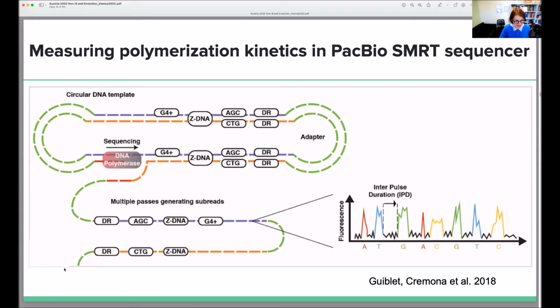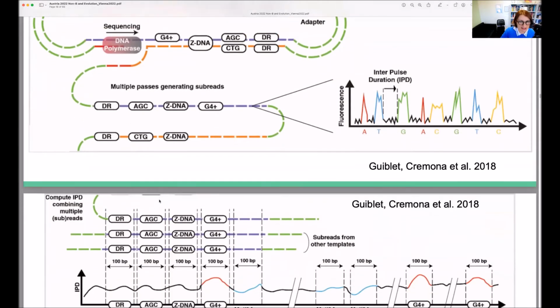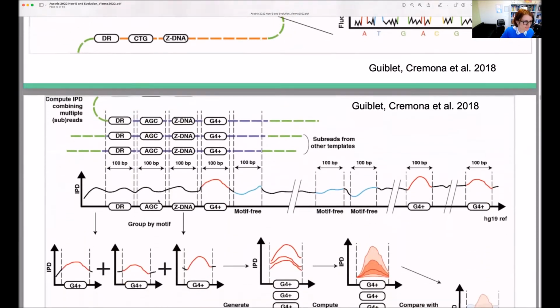A snake-like long sequence that has many subreads. At the same time, it generates the data on the timing of incorporation of these nucleotides. Now I will just walk you through this. We're in this serpentine, still going around and around with the polymerase. So bear with me, this is the end of this snake-like structure.